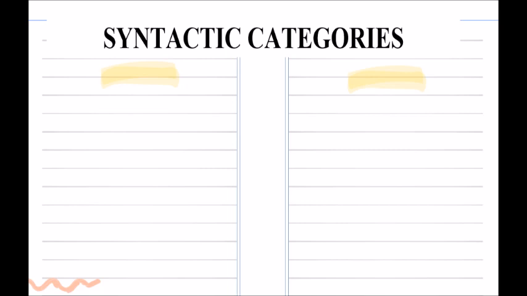Now, to further understand the structure of sentences and how sentences become grammatical, we need to study the different categories and structure. The shared characteristics of words allow us to organize them into a relatively small number of groups, called syntactic categories.